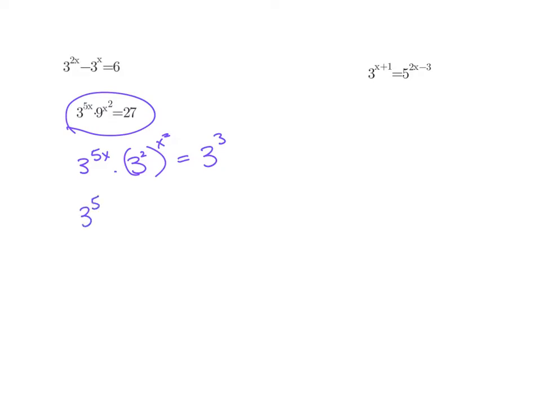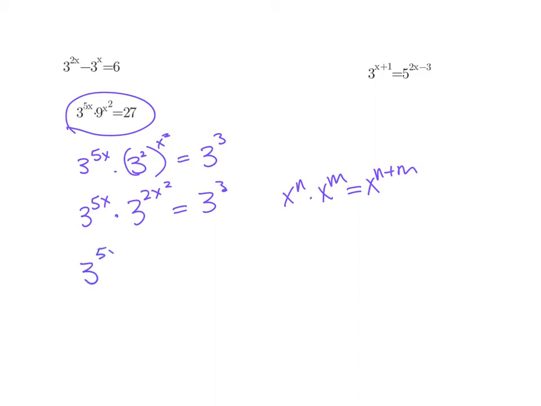3 to the 5x times 3 to the 2x squared equals 3 cubed. So if you remember your exponent rules, there's one that looks like that, and that's our situation here on the left.